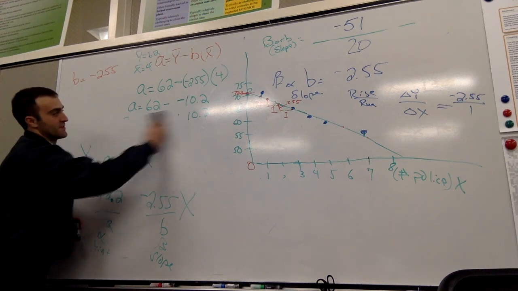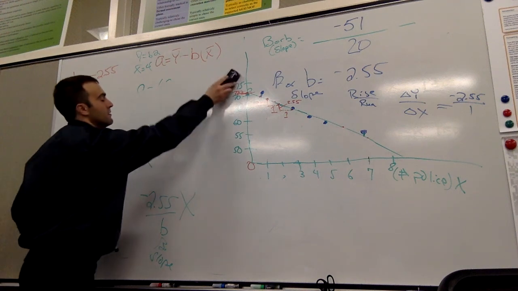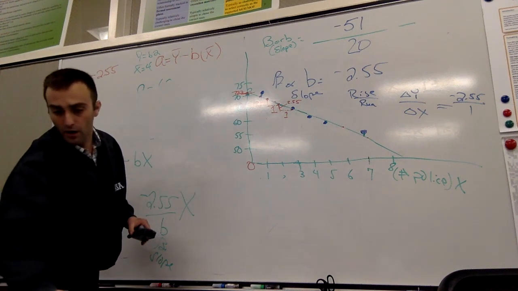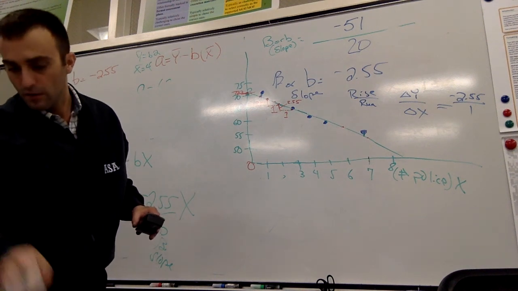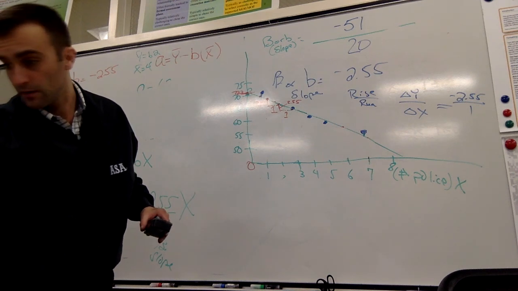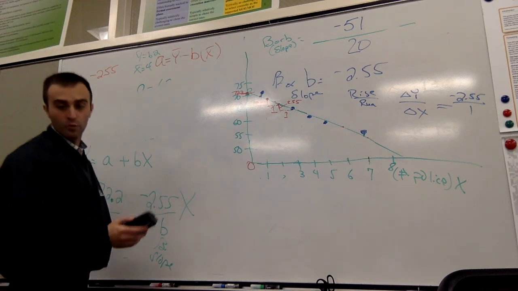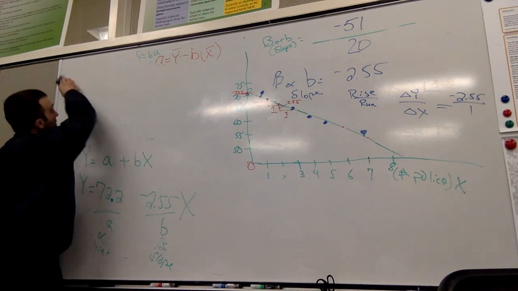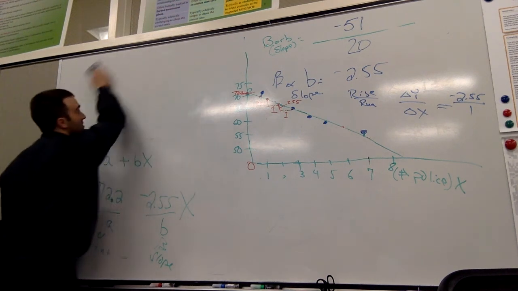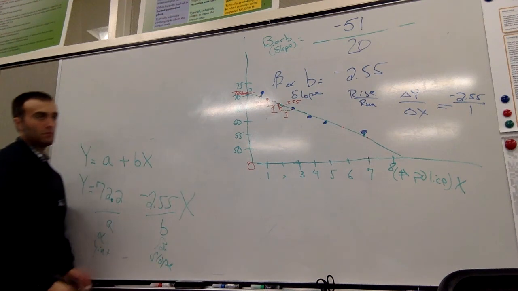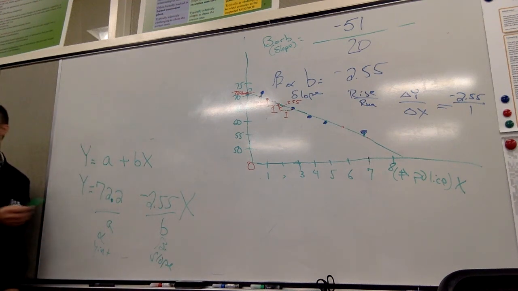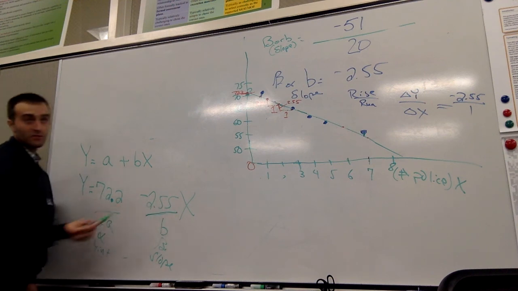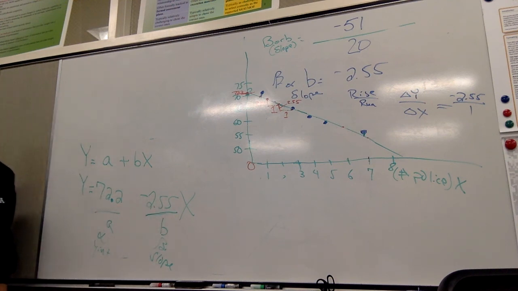Now the importance of it, I gave you room on page 6. What is the interpretation of the y-intercept and what is the interpretation of B or beta? B or beta is the most important one, so your beta or B is a negative 2.55, right?